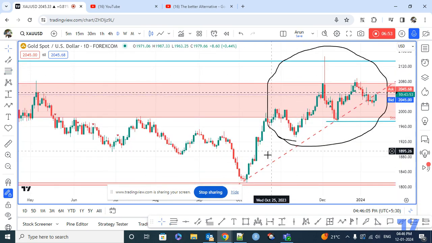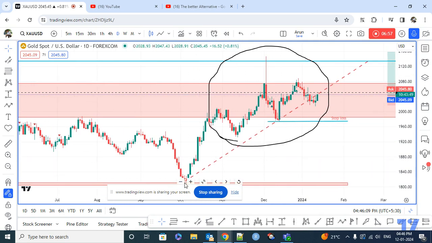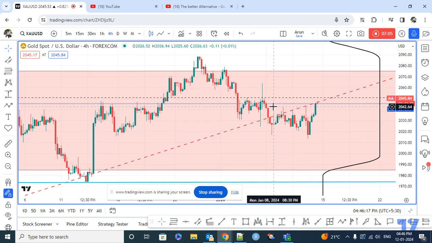If you see here, this is a weekly trend line which I've drawn. Now we have support here, we have support here. The market has taken a support here. Going forward, it has broken up, so it has broken here.